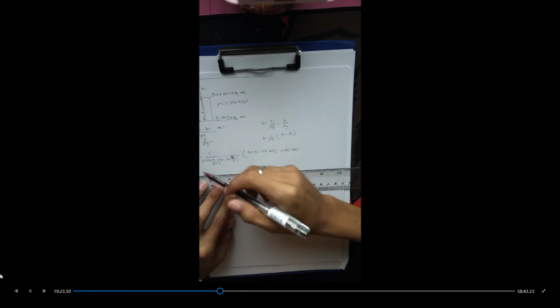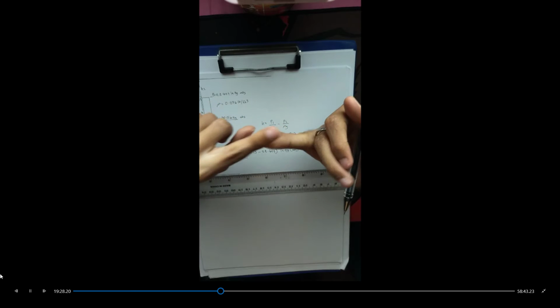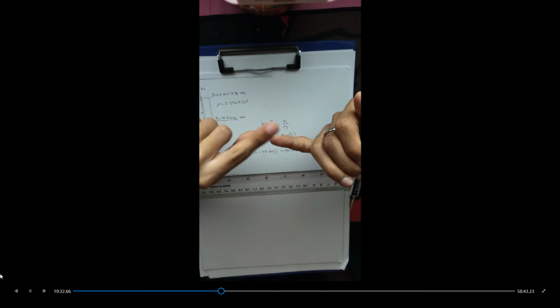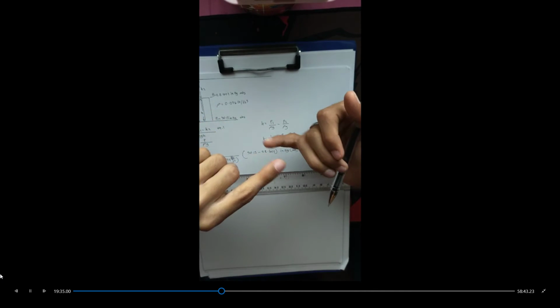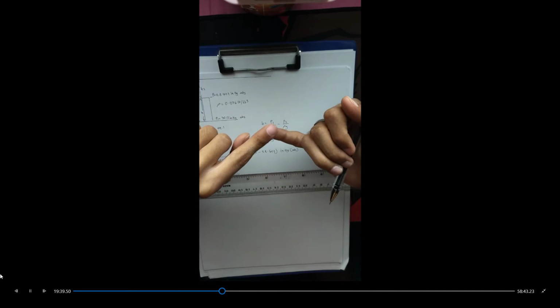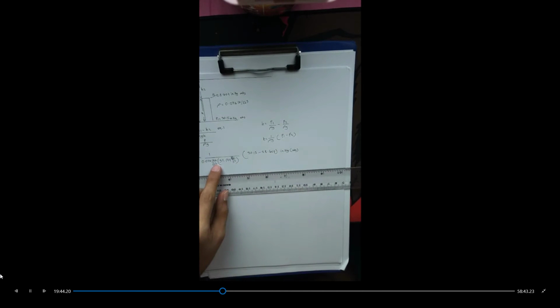So in order for us to have a unit of force, we need a unit of mass, a unit of distance, and a unit of time. So that would be, in metric system, kilogram meter per second squared, and in English system we need slug feet per second squared. So our given here, the unit of mass is in pound mass, so we need to convert pound mass into slug, so that if we combine slug feet per second squared, we'll be able to come up with a unit of force, which is pound force.